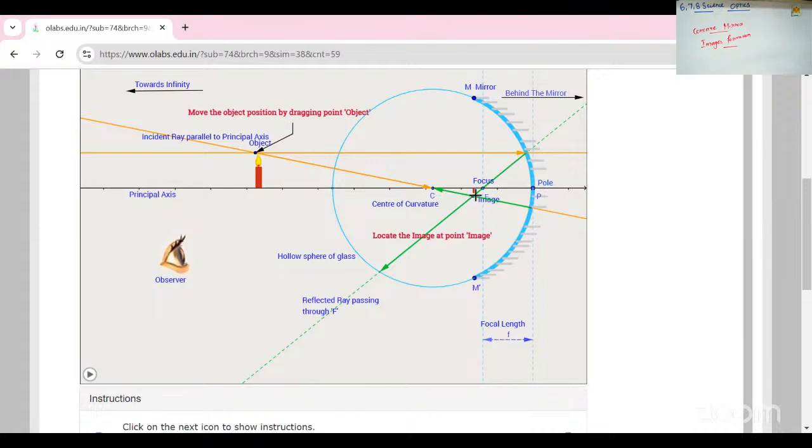That fixed point is called the principal focus. So we now have some idea about the pole, the focus, the center of curvature and the principal axis. Next, we are going to do the simulation.